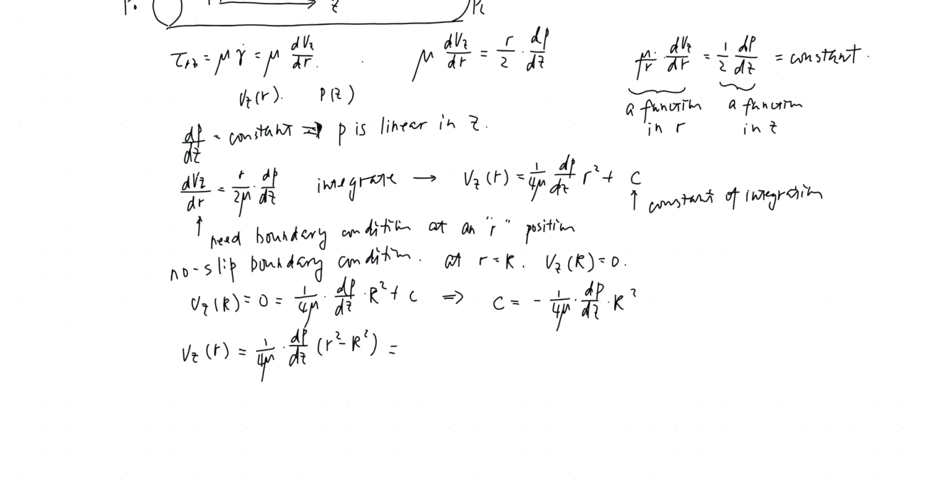So it is R squared divided by 4 mu dp dz, little r squared over capital R squared minus 1. I have some issue with my pen.